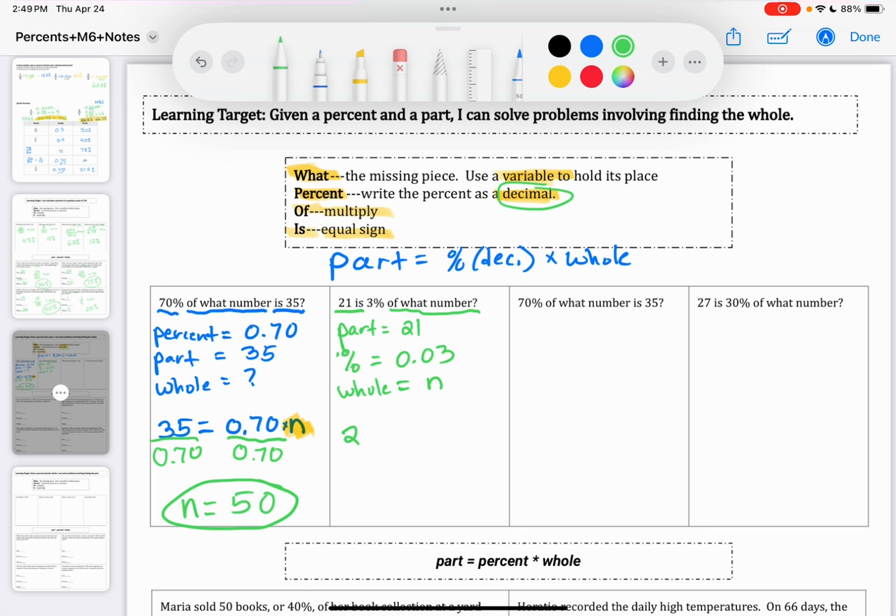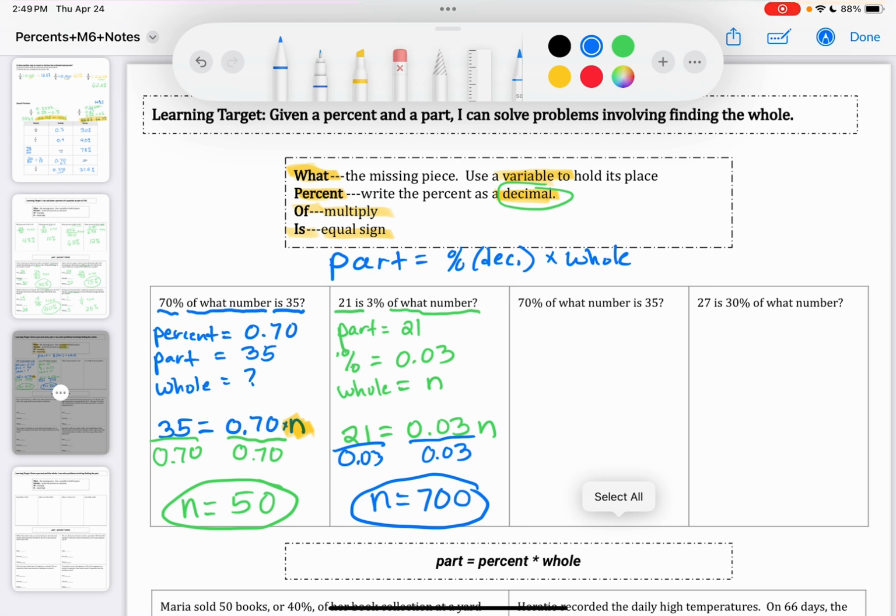Part equals percent times whole. 21 equals 0.03 n. So to solve, I'm going to divide both sides by 0.03. And that's going to give me a really big number. It's going to be 700, when I punch that in my calculator, 21 divided by 0.03.